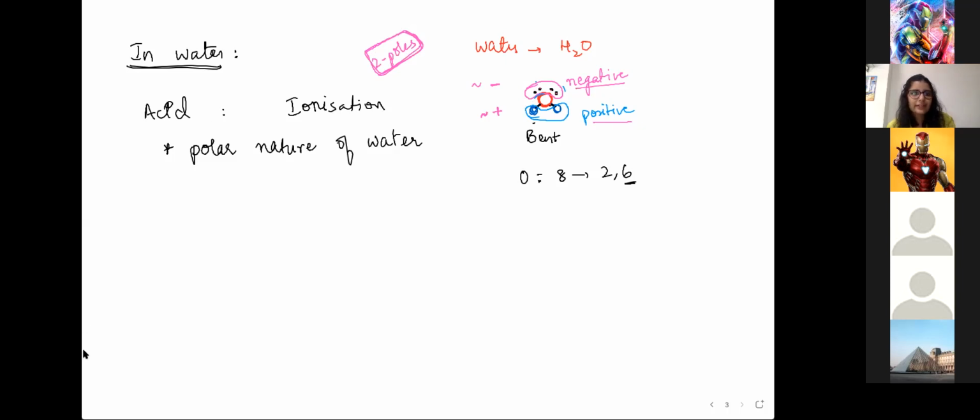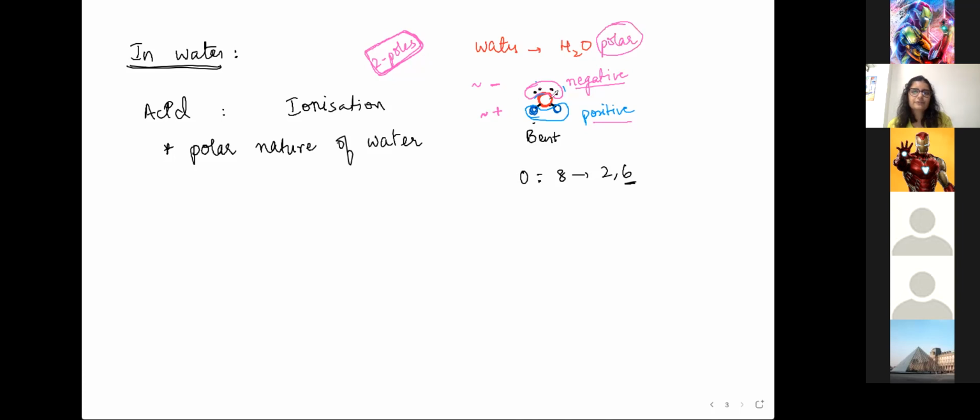And what does the behavior of those two poles remind you of? Like ones repel, unlike ones attract. That's exactly like charges: like charges repel and unlike charges attract. So that is the reason why water is called a polar molecule.